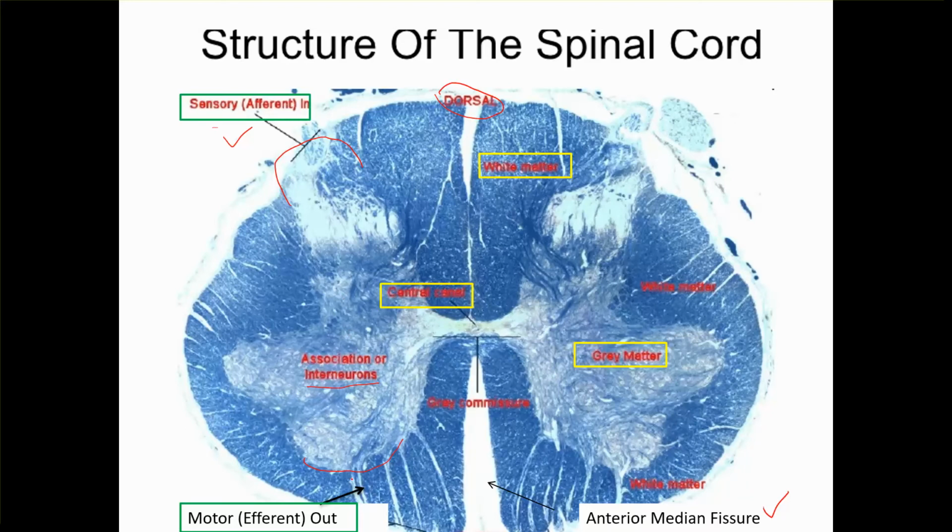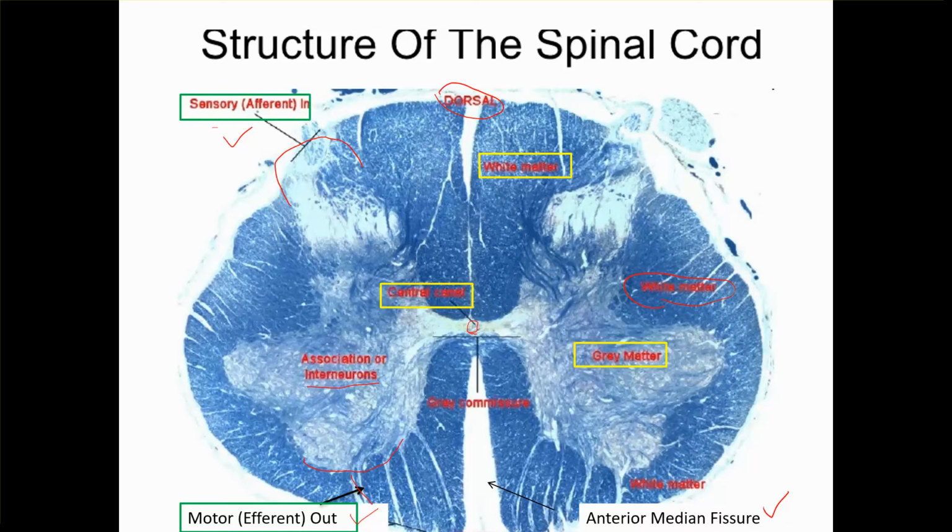Here the motor efferent, which is coming out, can be seen. Then the gray matter, which is the H shape, and white matter, which is outside. The central canal is noticed here.